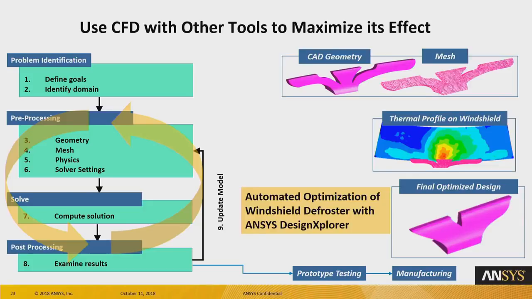In this particular case, we are using Design Explorer, which is an optimization tool based on parametric analysis that resides in Ansys Workbench and can be coupled with Fluent and additional tools. So this is an example of how you would use CFD in a realm of the coupled analysis, where you use other solvers in order to solve the problem that you're facing. As a result of this analysis, we see the optimized shape of this defroster in the lower right corner.